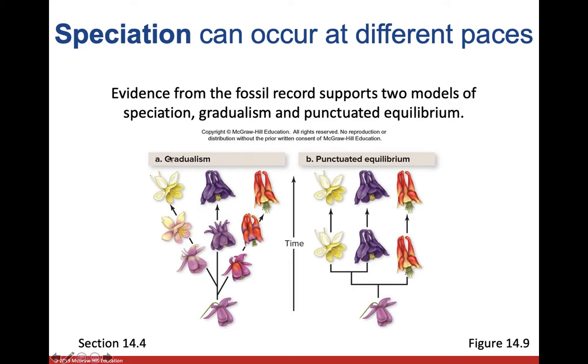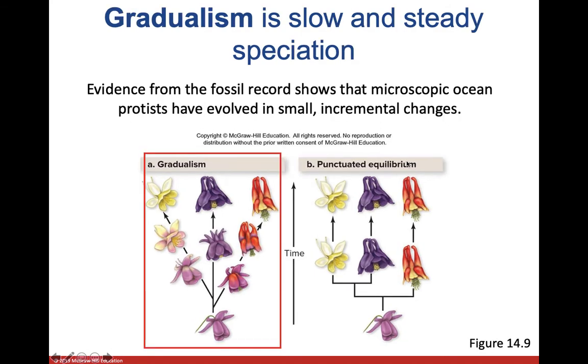One of them is going to be called gradualism, the other one is punctuated equilibrium. So gradualism occurs with a very slow transition, very incremental, very easily recordable change throughout the fossil record.